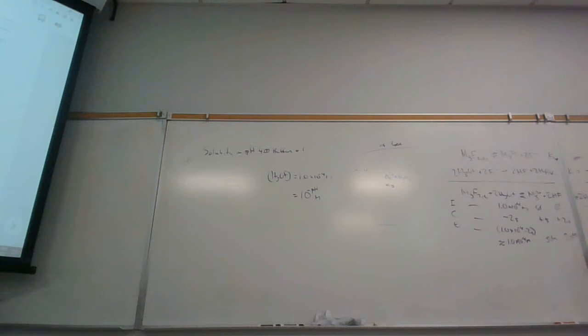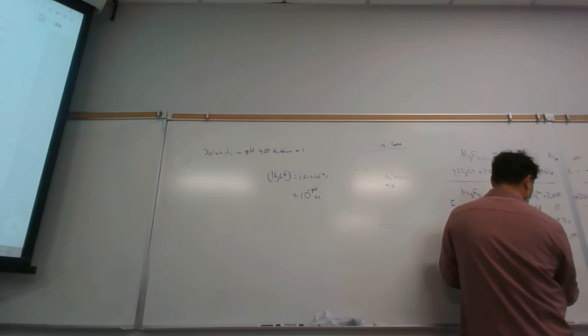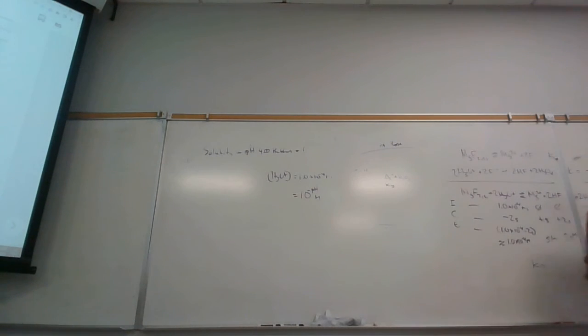And so what we can do is plug that back in here and see if our K matches. So I'll get this one times 2, and then square that, times 0.0005965, divided by 1 times 10 to the negative 8.